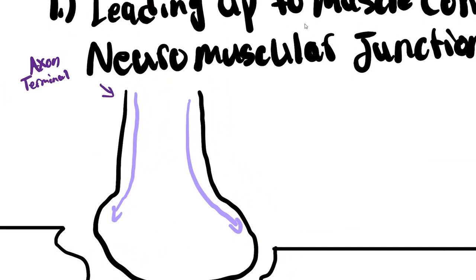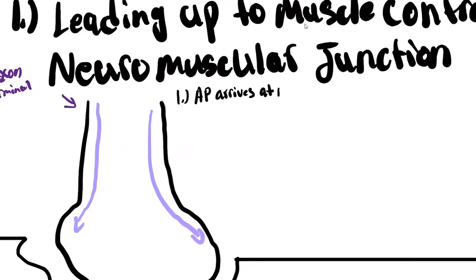So first step is action potential arrives at the axon terminal.